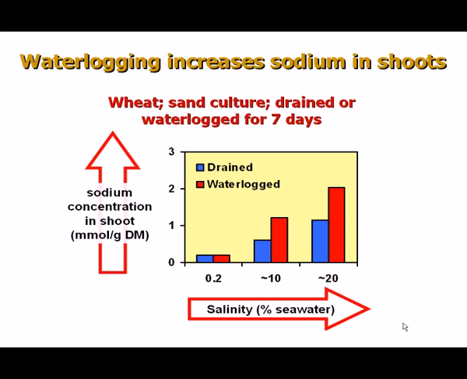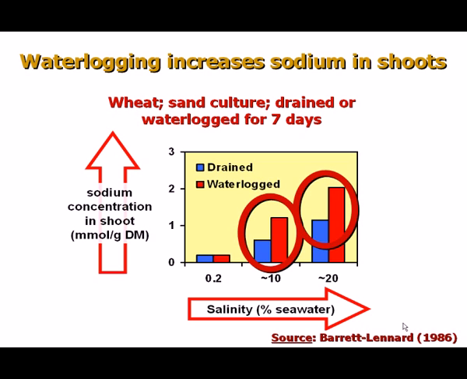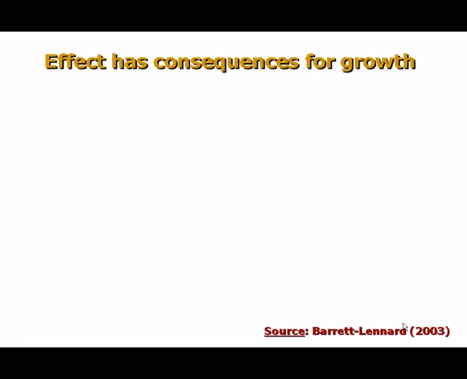And you can see that if we've got 10% seawater or 20% seawater in the root environment, that combination of waterlogging with salinity is dramatically increasing the concentration of sodium in the shoots, and this is after a really quite short period of time. And there are longer term consequences of this for growth.